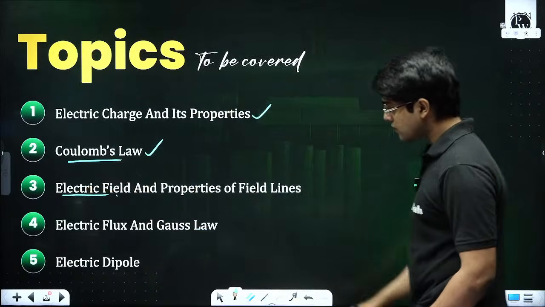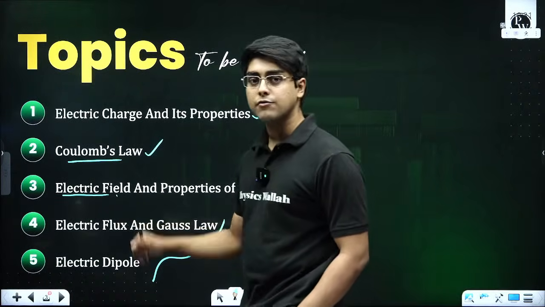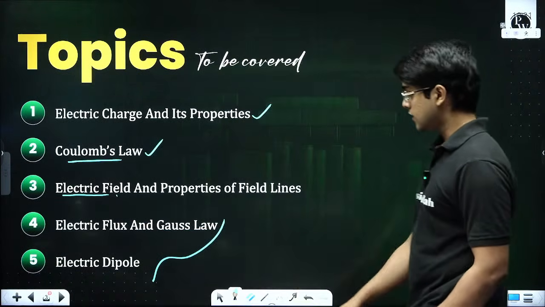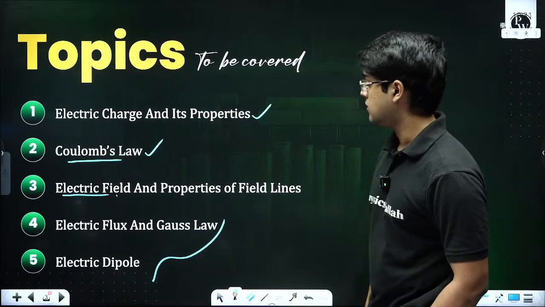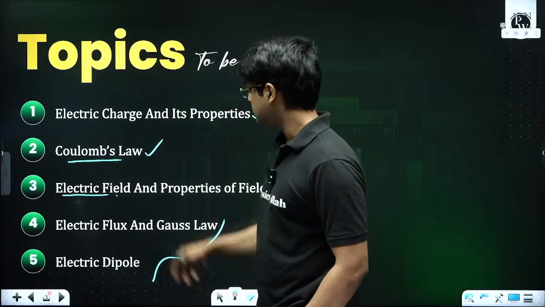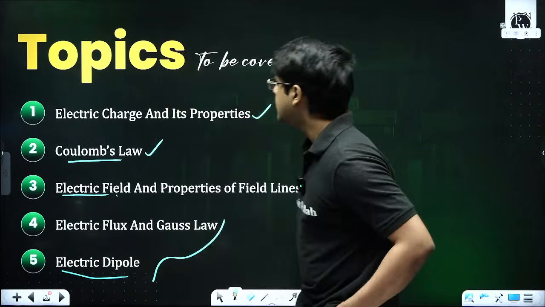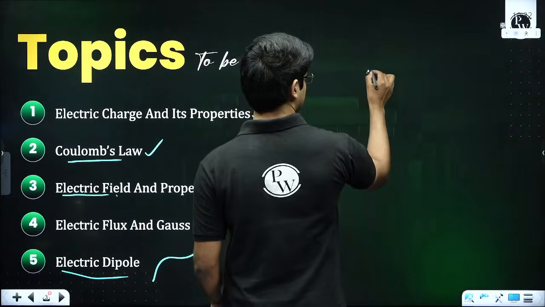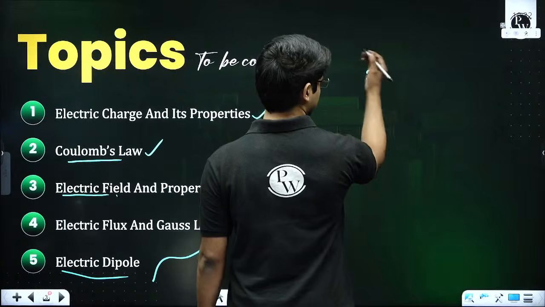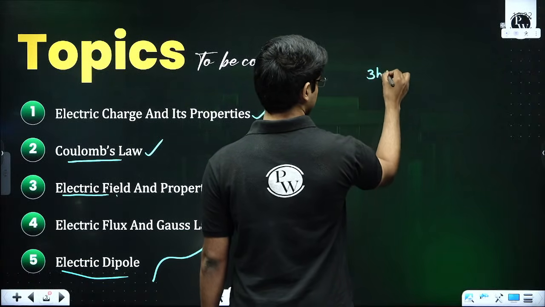And then finally the lengthier part, which is electric flux and Gauss law. That's the order of topics, and at the end we will cover electric dipole. The lecture duration will be approximately 3 hours. We'll try to wind up within 3 hours.